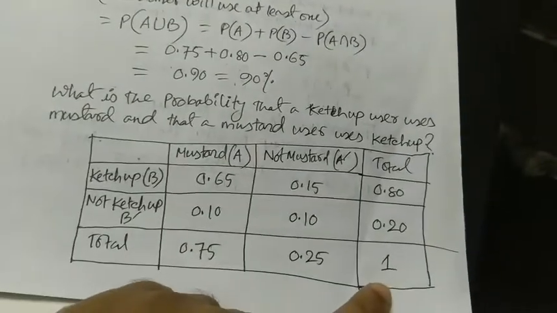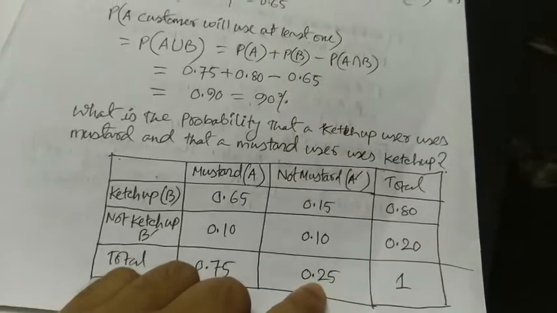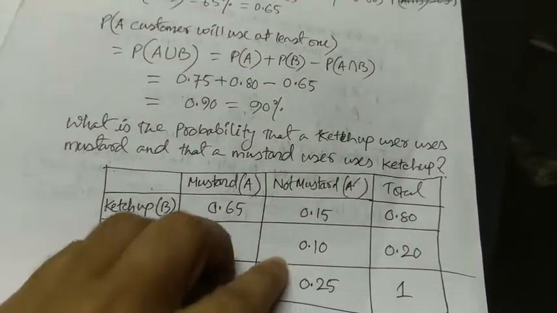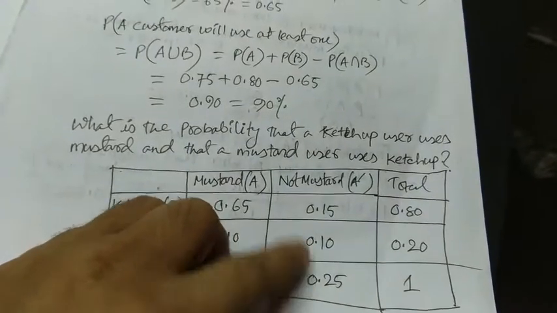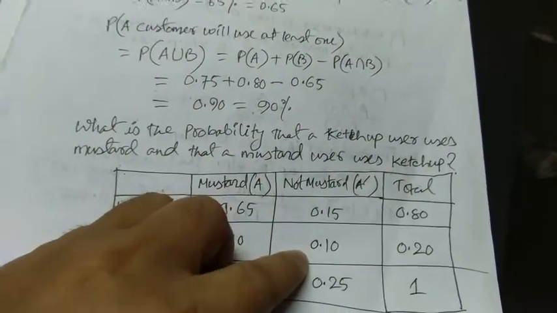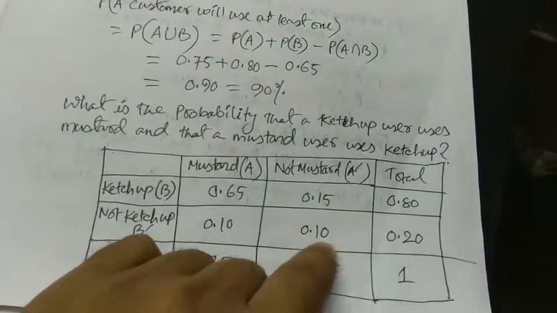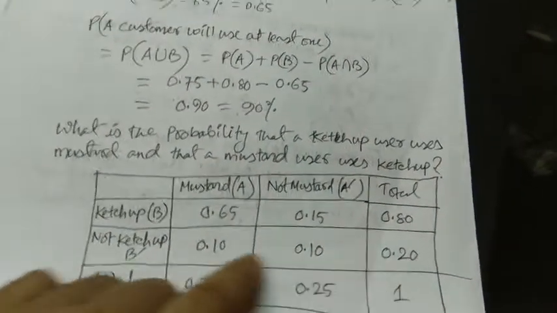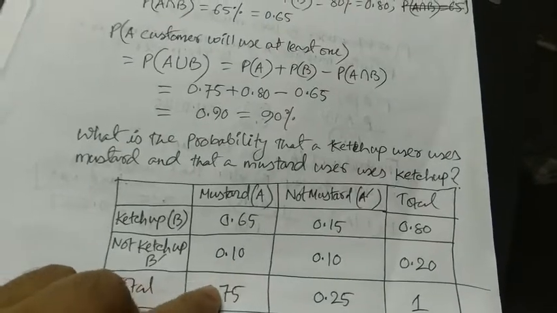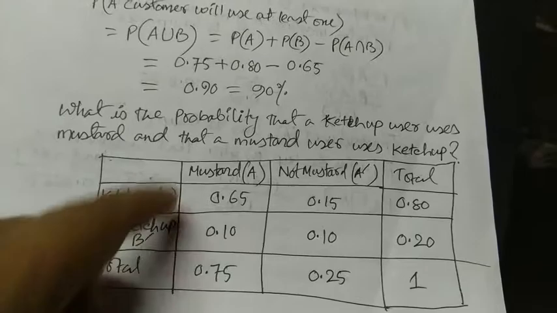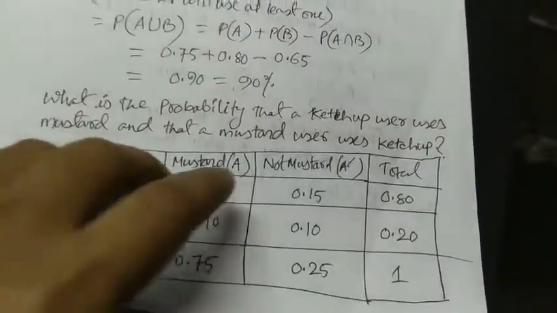Again, if the total is 0.25 and this one is 0.15, this one will be 0.10. And if this one is 0.10 and the total is 0.20, this one will be 0.10. This way we can fill out the empty cells of this table, right?